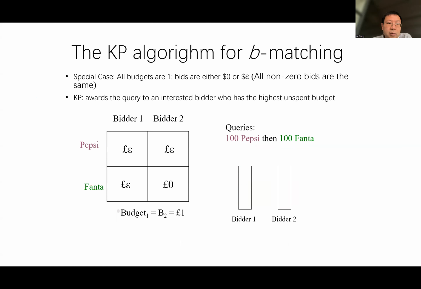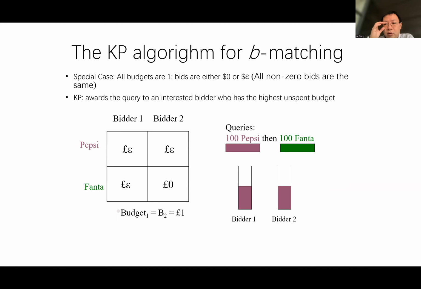I'm not going to run all the example here, but the idea is that in this case, you can see that bidder one and bidder two bid the same price for Pepsi. So when the Pepsi query comes, the search engine could display both advertisements. Each of them will have half of the queries, and the search engine can generate £100 revenue as well.